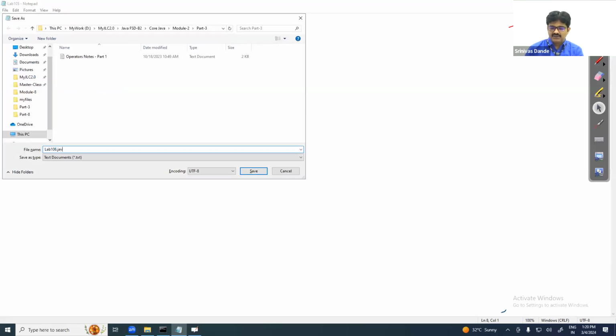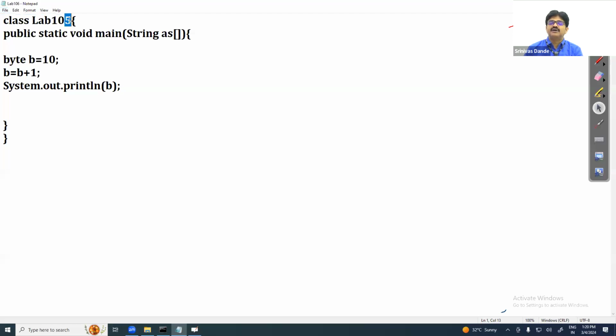106. Twist. B equals B plus 1. Can I write simply B plus plus also? Why write the big line B equals B plus 1? Can I write B plus plus? You can also write it.